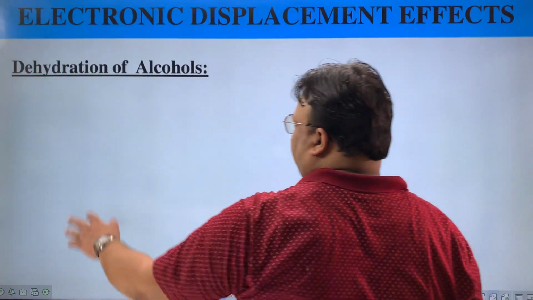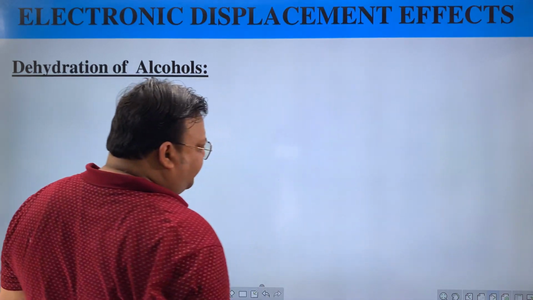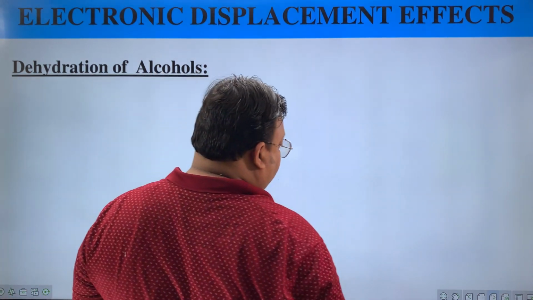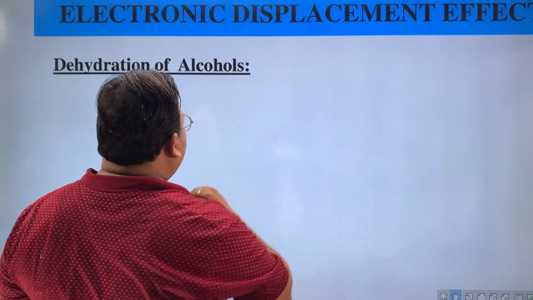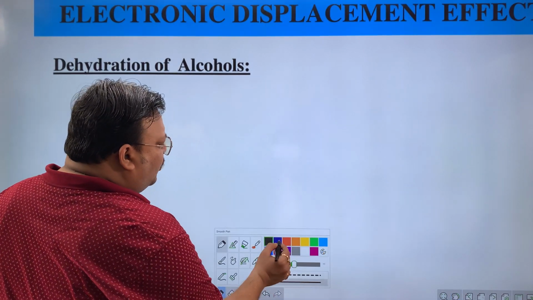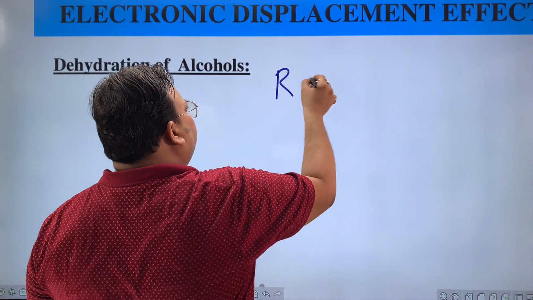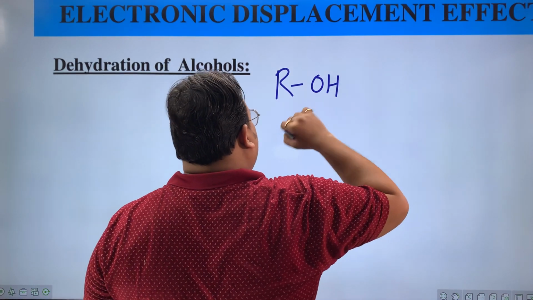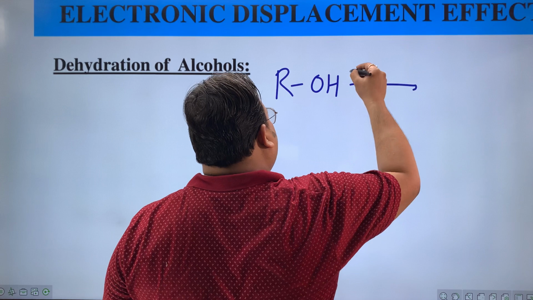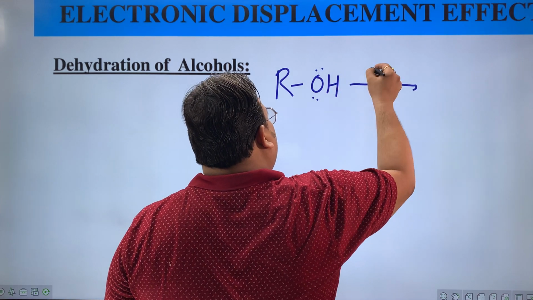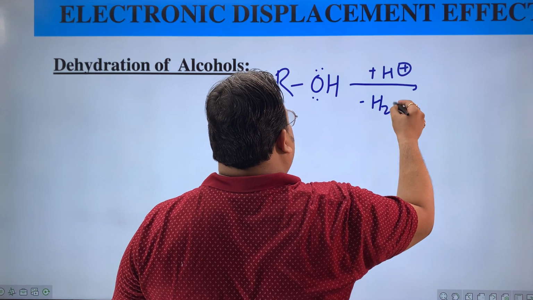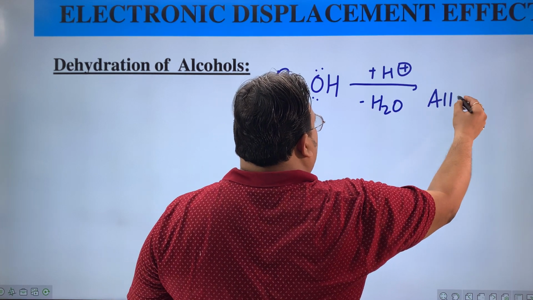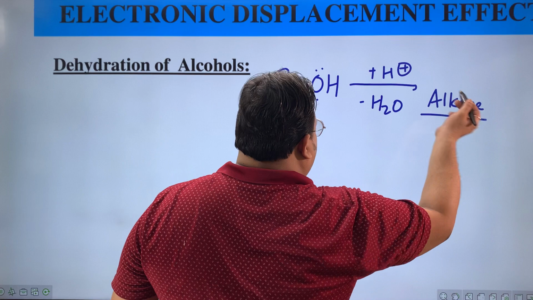Let's talk about another particular effect of the stability of carbocation, and that is the dehydration of alcohol. Alcohols are represented as ROH, and every time this alcohol is treated with acidic medium, you will find there will be loss of water, and so many times the product would be an alkene, sometimes an ether, but so many times an alkene.